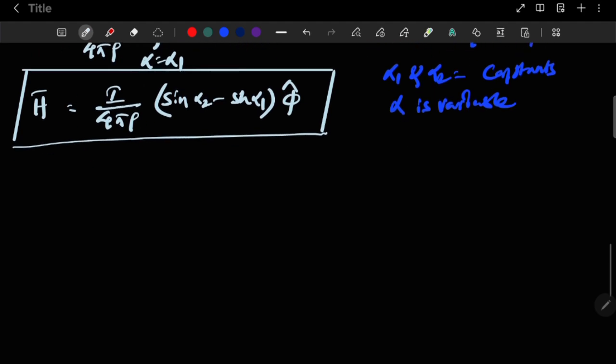Okay, so for the finite length conductor, h bar is given by I by 4 pi rho into sin alpha 2 minus sin alpha 1 into phi cap. So what is the observation for this particular thing?